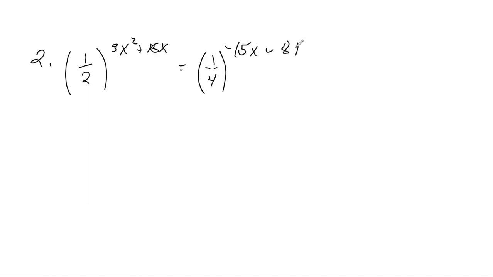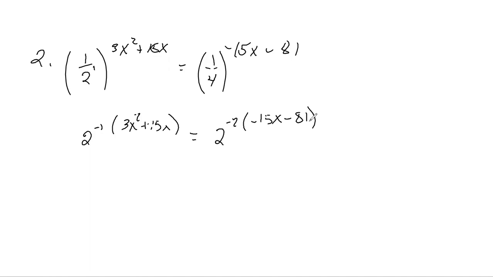1/2 and 1/4, they're both going to be negative exponents. 1/2 is 2 to the first, 4 is 2 squared. So I'm going to rewrite those bases as 2 to the negative 1 to the 3x squared plus 15x is equal to 2 to the negative 2 raised to the negative 15x minus 81.